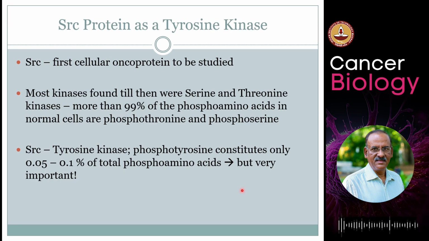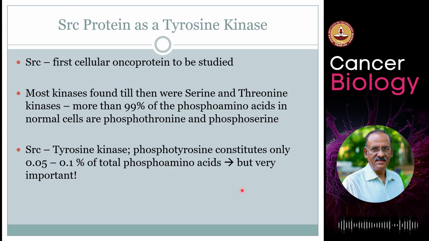SRC is a tyrosine kinase. Don't ever get confused with SRC. SRC is not a receptor tyrosine kinase. It is a non-receptor tyrosine kinase. It is present in the cytosol, for example.